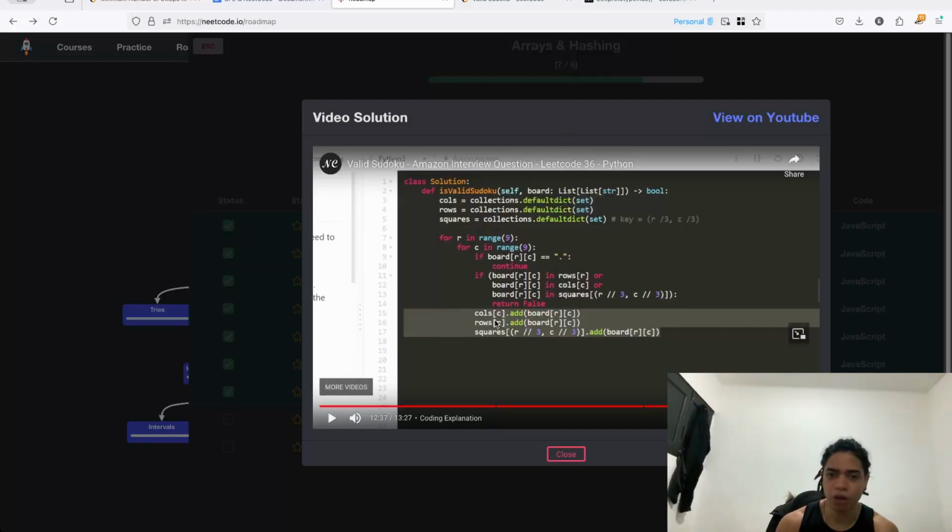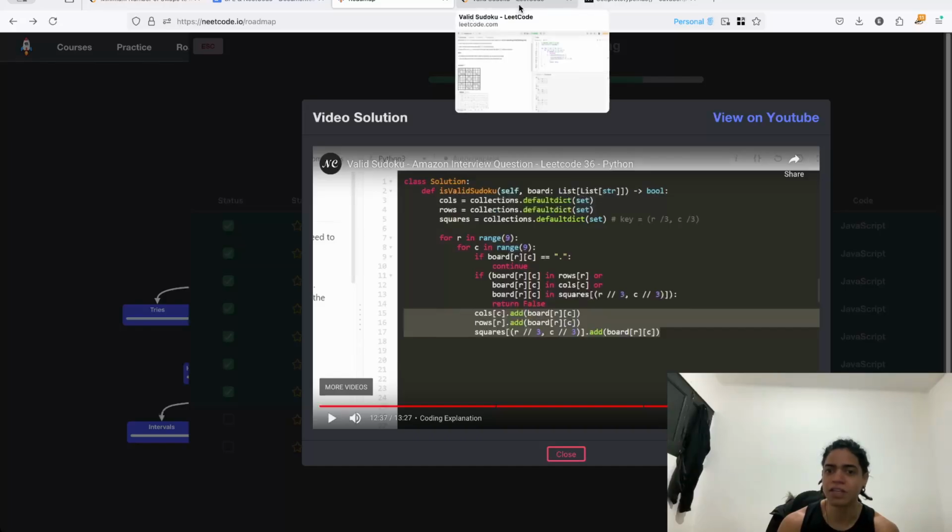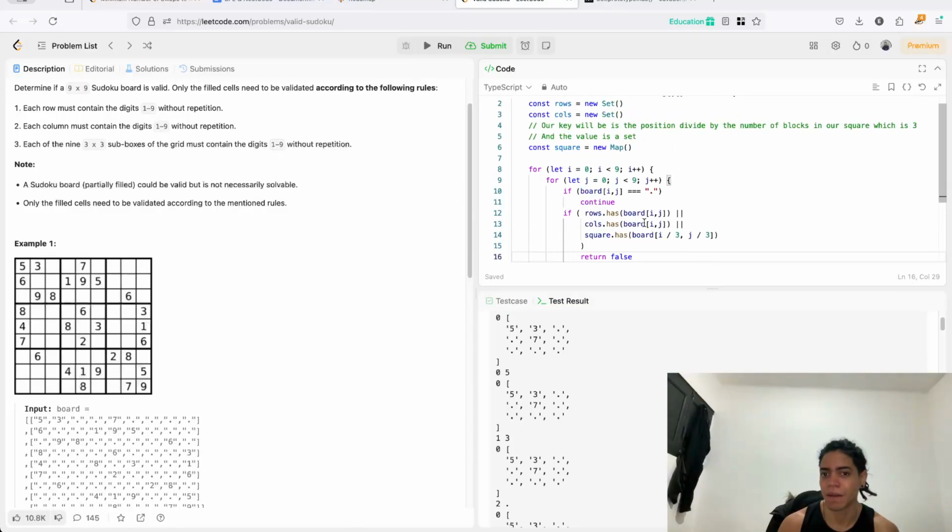At that column, we're going to add this value. And at that row, we're going to add this value.